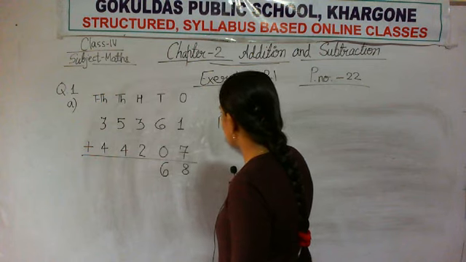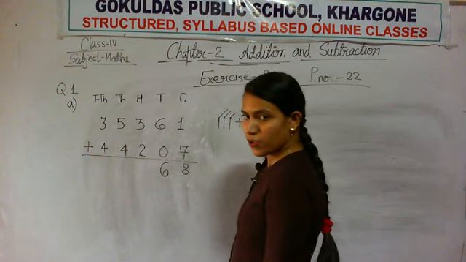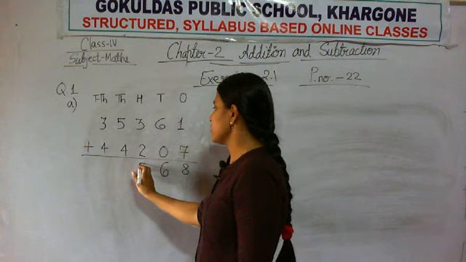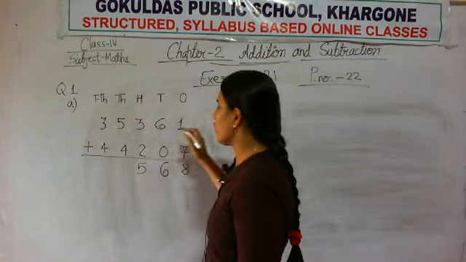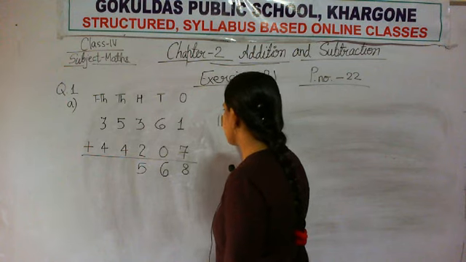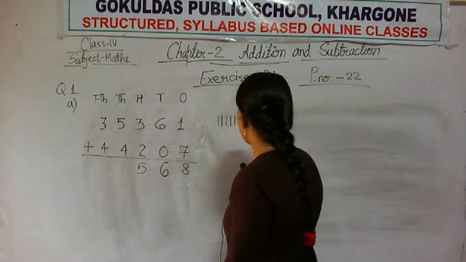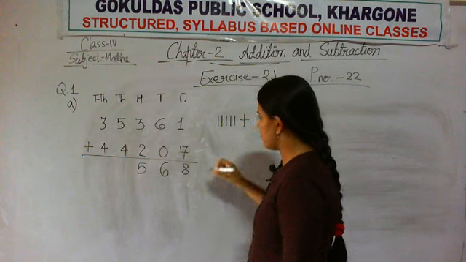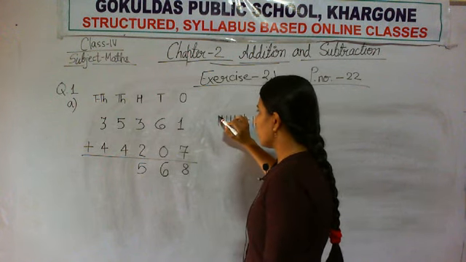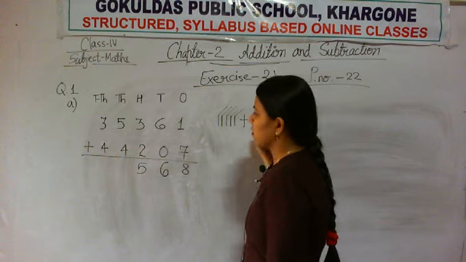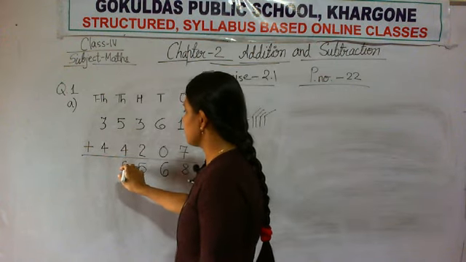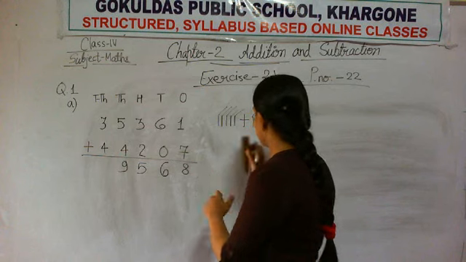Now count 1, 2, 3, 4 and 5. So 3 plus 2 is 5. Now 5 plus 4. First draw 5 sticks, plus the second number is 4. So draw 4 sticks. Now start counting 1, 2, 3, 4, 5, 6, 7, 8, 9. So 5 plus 4 is 9.